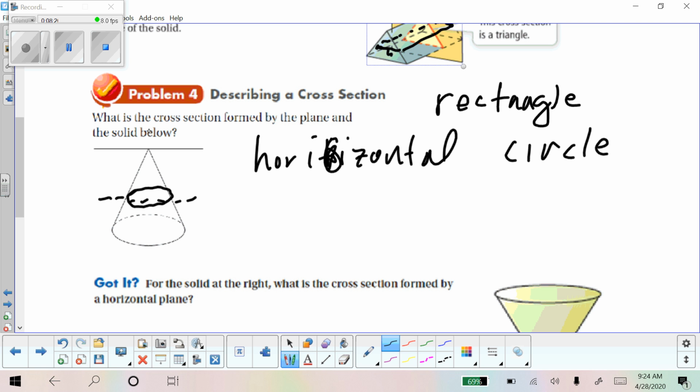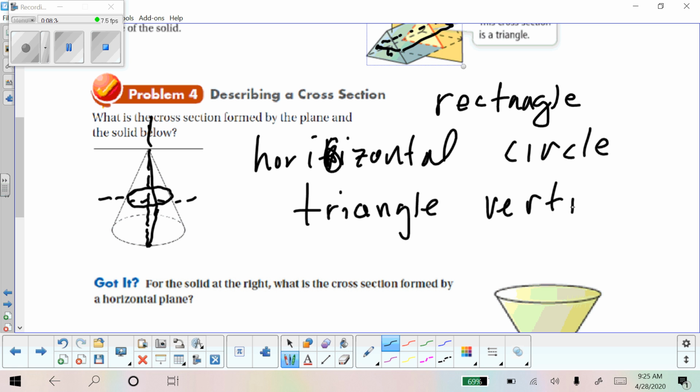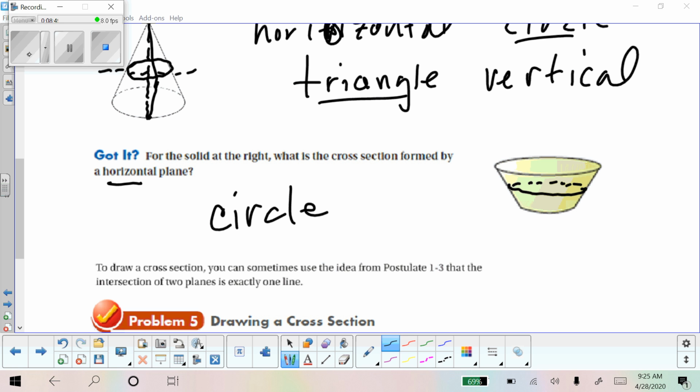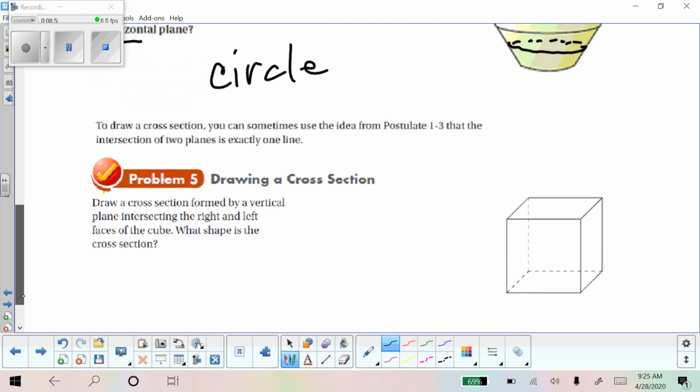If we cut this vertically, so let's say we cut it like this, that shape would be a triangle if we cut it vertically. All right, so go ahead and think about this solid here. What cross section would you get when you cut it vertically? Oh, horizontally, sorry. Should have got a circle.